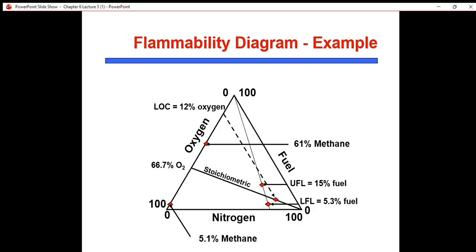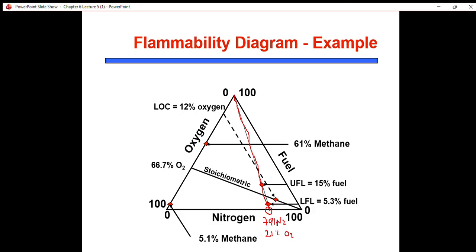I'm gonna draw it in red, and it goes from the point where you have 100% fuel and no air to the point where you have 79% nitrogen and 21% oxygen. So now we have already drawn the air line.